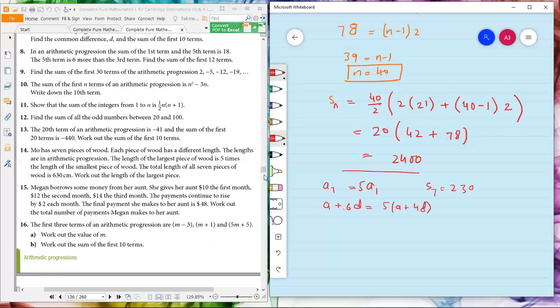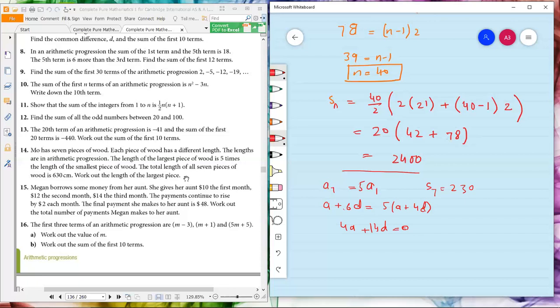Now by using simultaneous equations, this would become 5A minus A, and 5 fours are 20 and minus 6, so 14D is equal to 0.